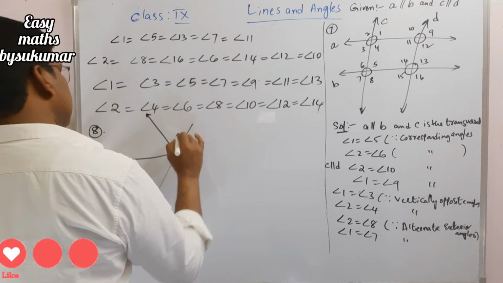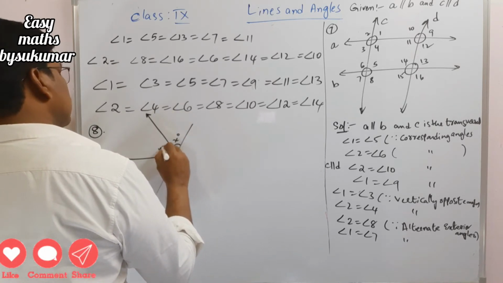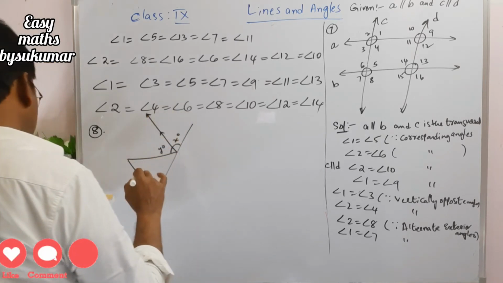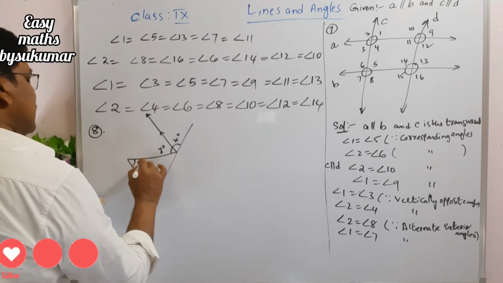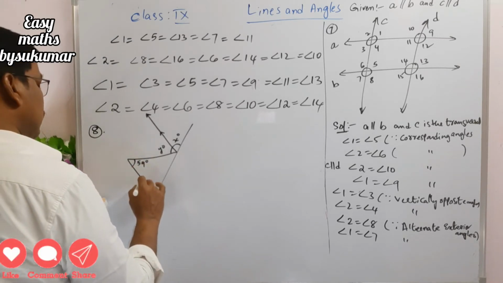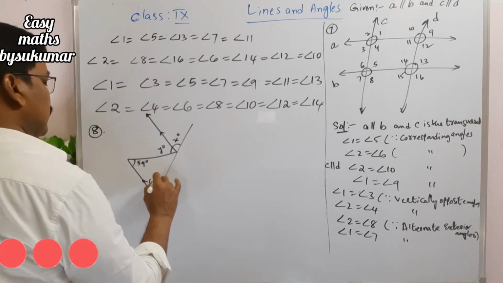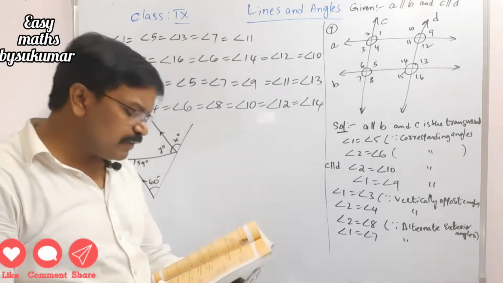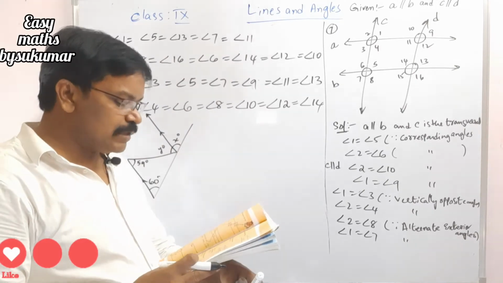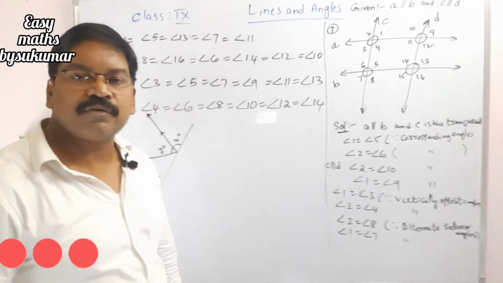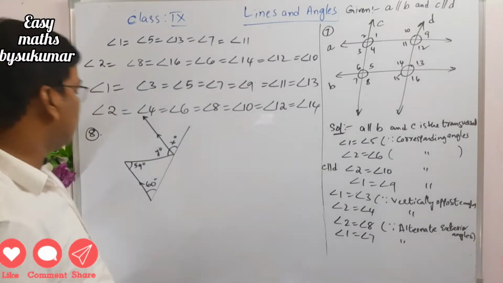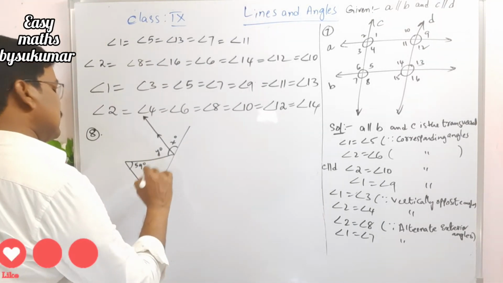This is x degrees, this is y degrees, this is 59 degrees. Actually names are not given here. This is 60 degrees. Okay. What we have to find: in the figure, the arrowhead segments are parallel. Find the values of x and y. That means these two lines are parallel.